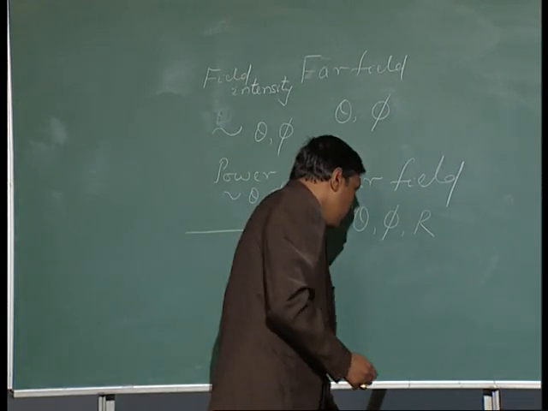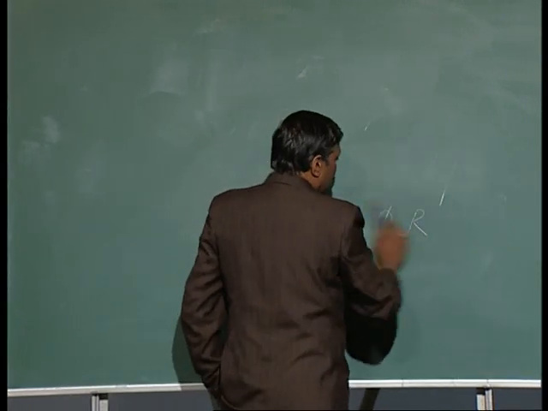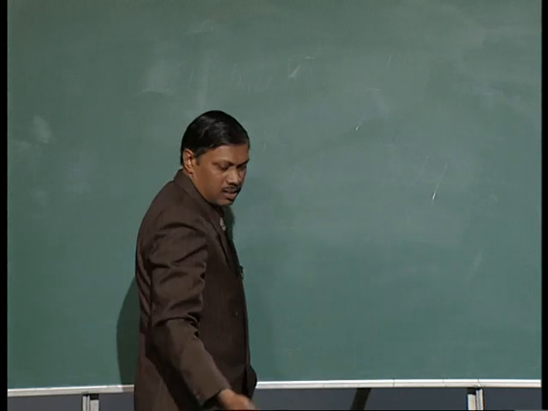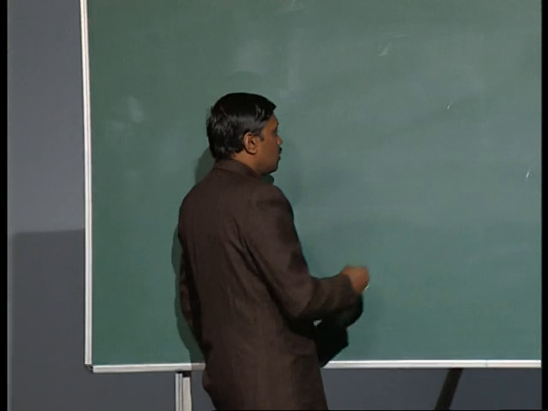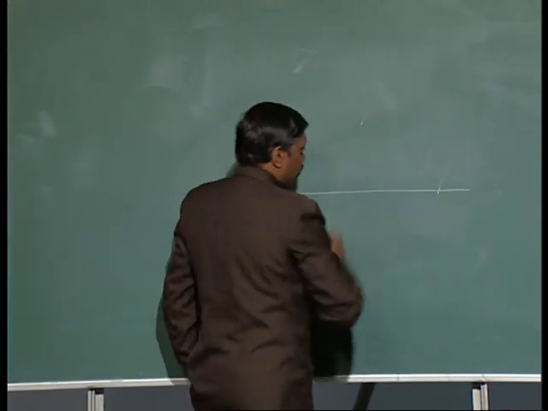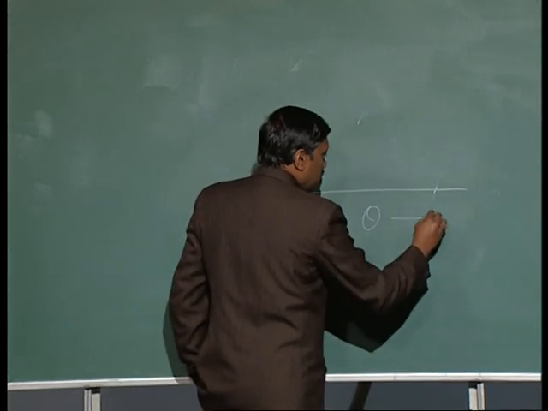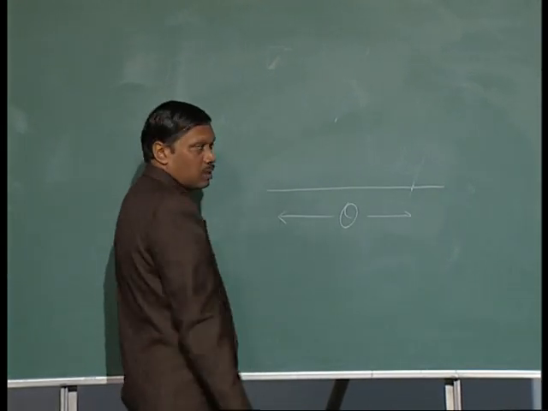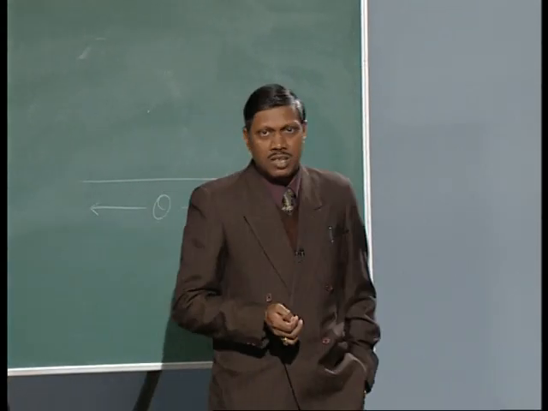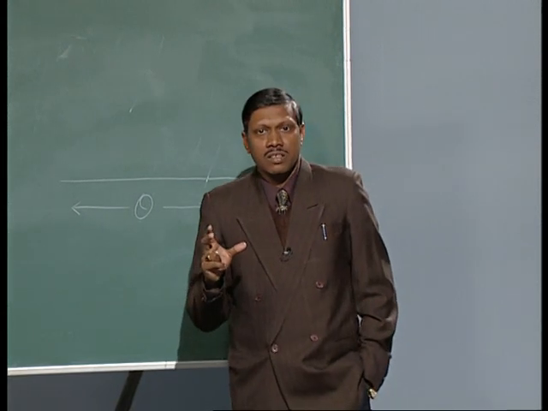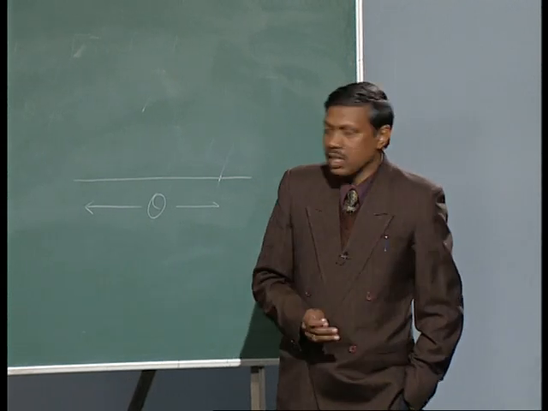So, if I am interested in seeing how the field intensity is getting distributed with the different angles, let us say the situation is like that. I am interested to see how the field intensity is varying with theta. So, in a 3-dimensional space, I fix my location in terms of the radial distance and in terms of the angle phi.